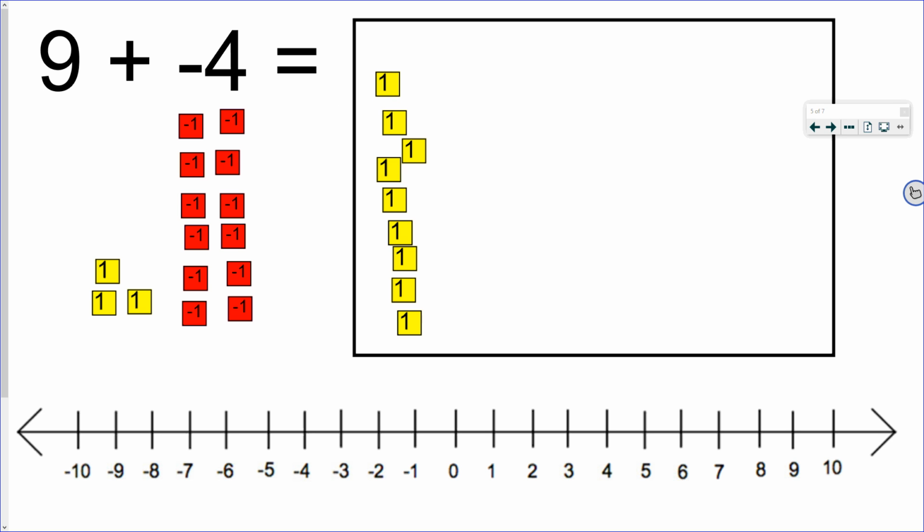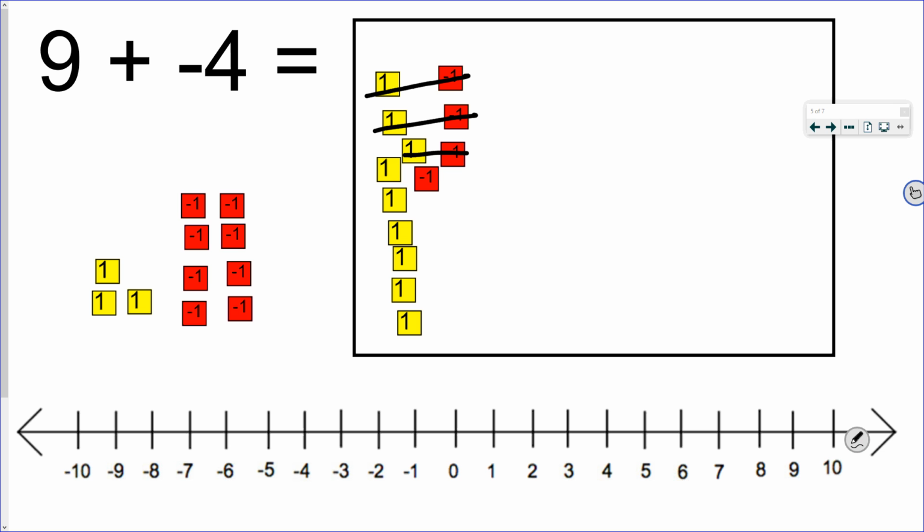Let's double check ourselves. 1, 2, 3, 4, 5, 6, 7, 8, 9. Yes. And then we're adding 4 negatives. 1, 2, 3, 4. Again, positives and negatives will offset each other or cancel each other. What's remaining is our solution.